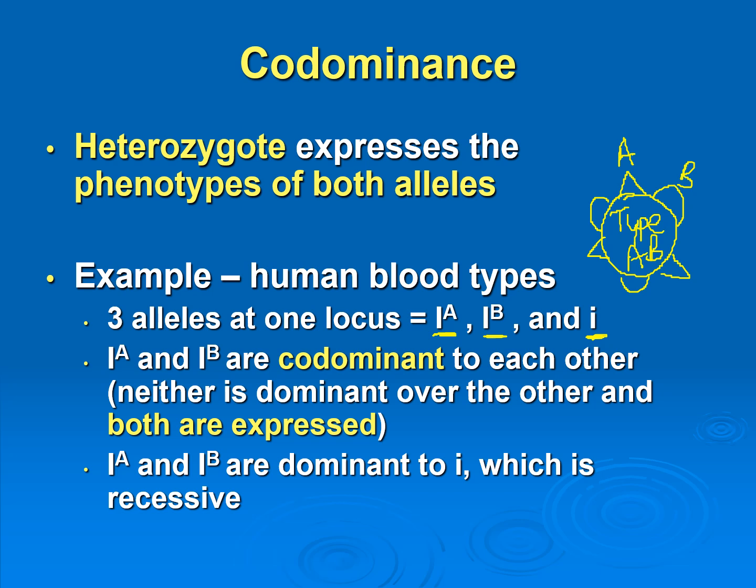So that would be codominance. And then the little i allele, the reason we have a lowercase is because it's going to be recessive to the A and the B alleles, which are going to be dominant to the little i.